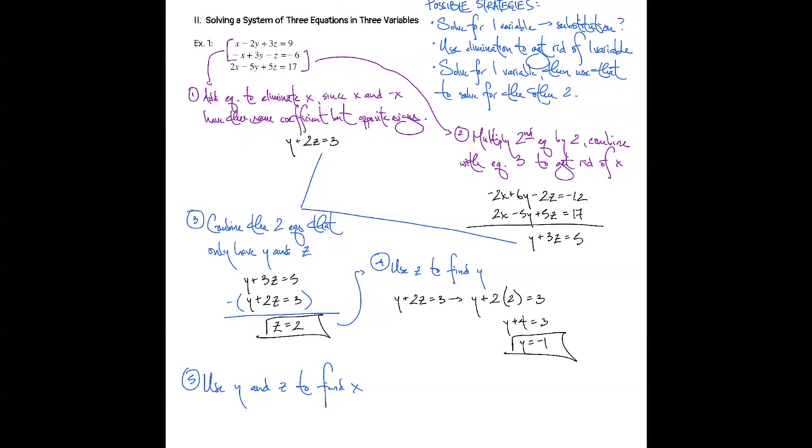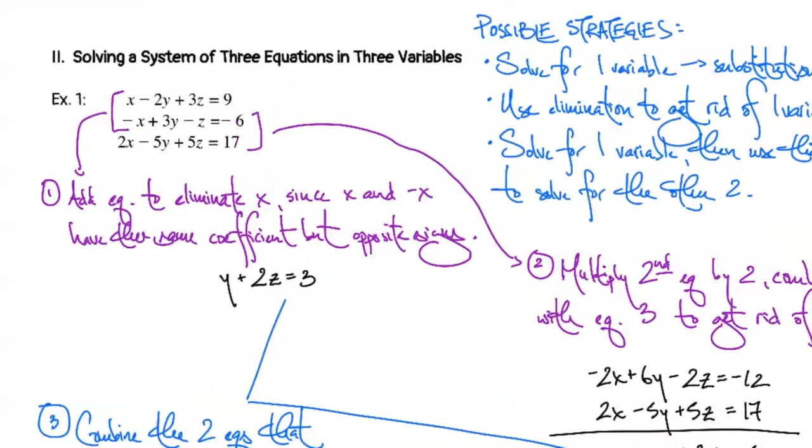What are our options to find x? Since we have z and y, and we have a positive x equation up there, we could probably just plug the two variables that we have into that. Yeah, I agree. We can go back to any one of these three, but which one will be the most efficient? Probably the first one, because you're right, x is already positive.